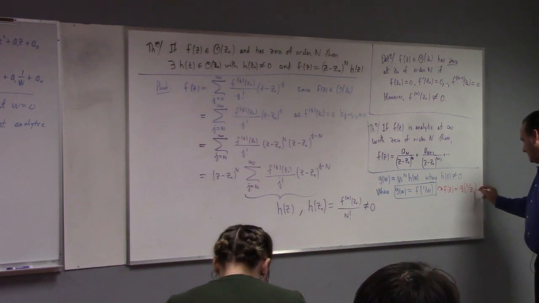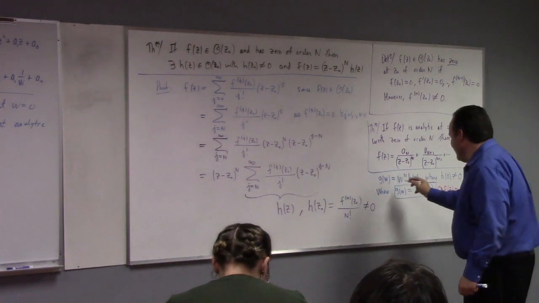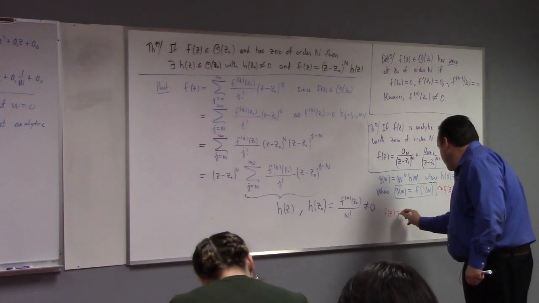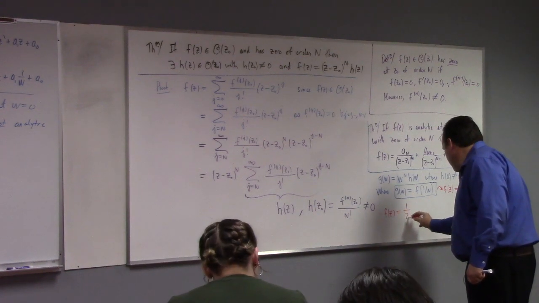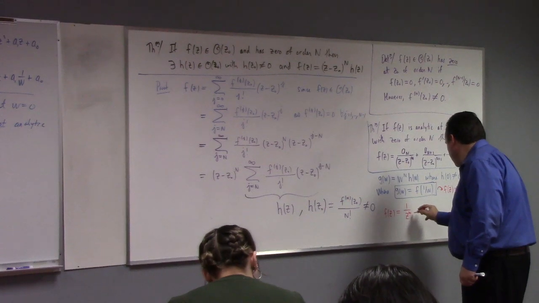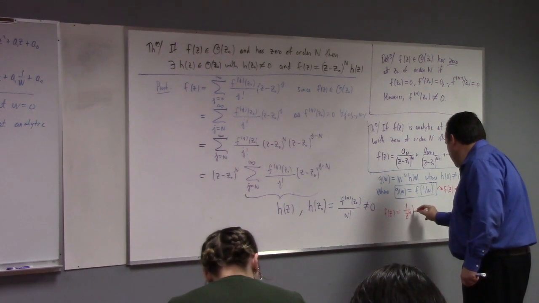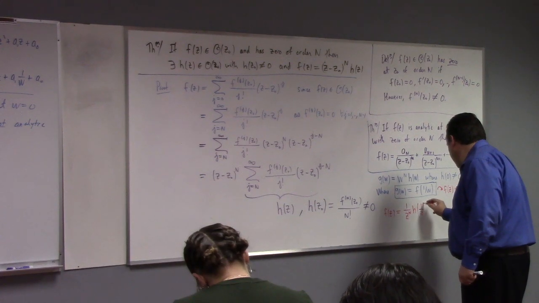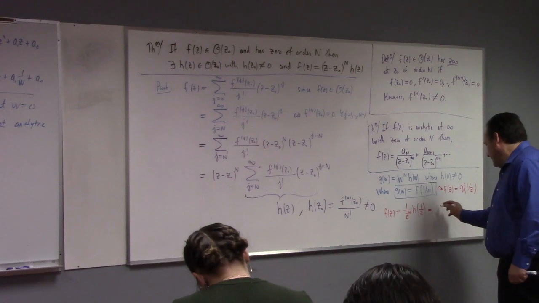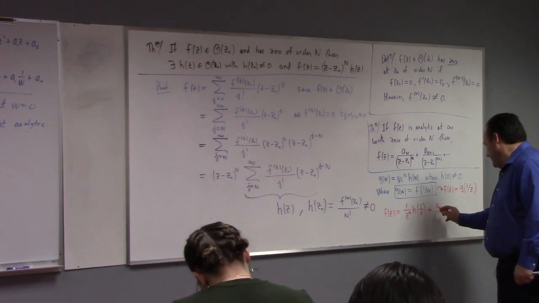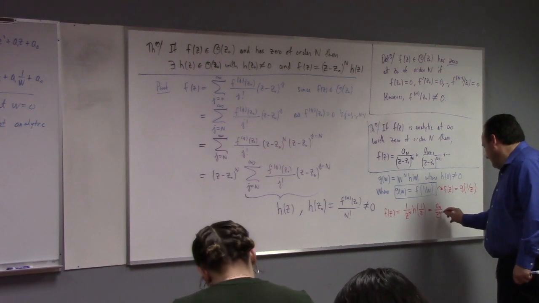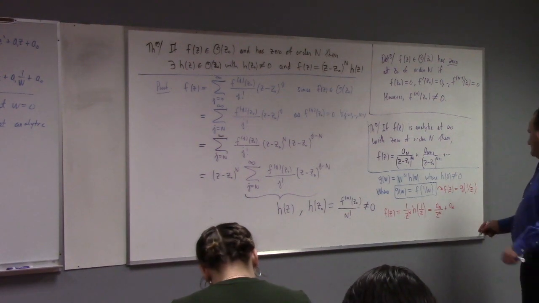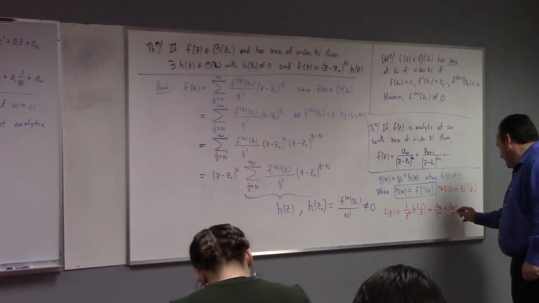Then you can use partial fractions. No, then we can just substitute. And maybe the theorem's wrong. Let's see here. So f of z is equal to 1 over z to the n times h of 1 over z, I suppose, which is going to have the form a sub n over z to the n plus a sub n plus 1 over z to the n plus 1 and so forth.